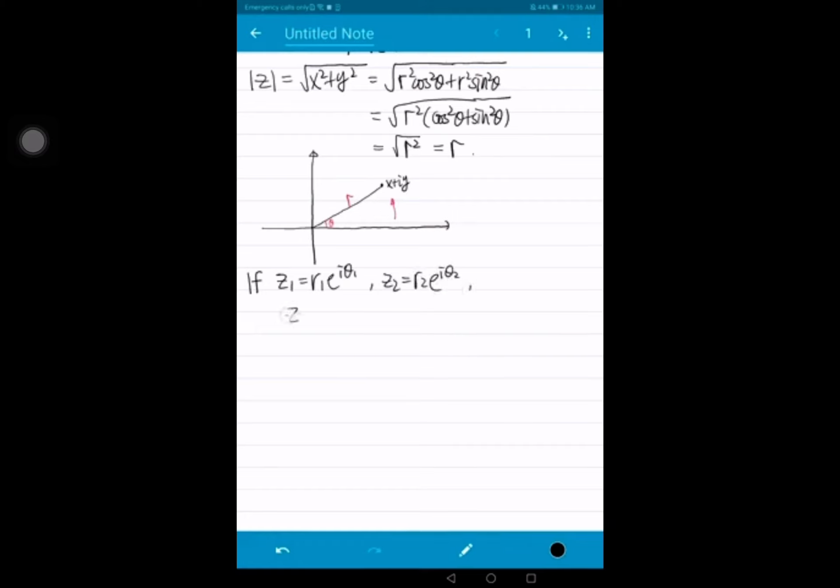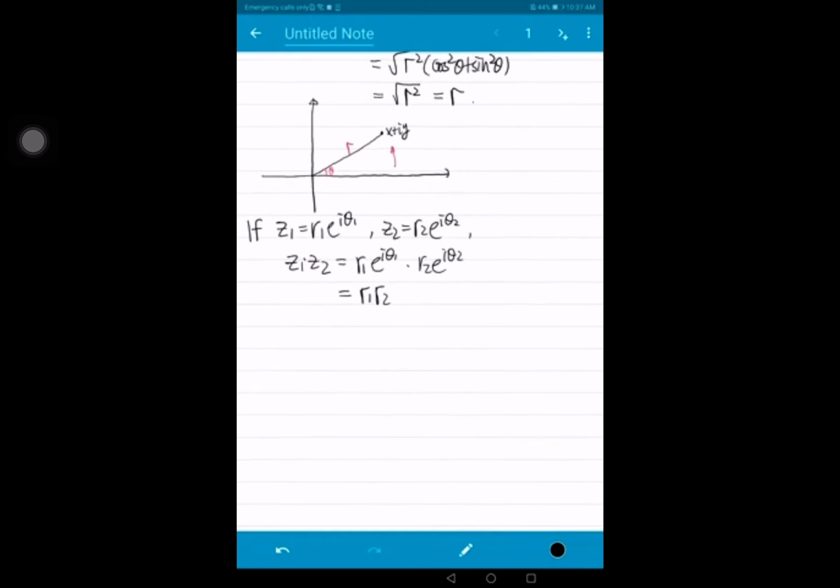So if we multiply the two complex numbers z1 and z2, r1 e^(i theta 1) times r2 e^(i theta 2) equals r1 r2, this is exactly the same as how you multiply for real numbers. So e^(i theta 1 plus i theta 2) gives r1 r2 e^(i(theta 1 plus theta 2)).